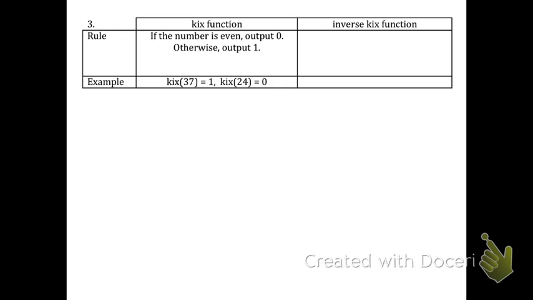You could have had a 22 making a 0, or a 24 making a 0, or tons of any even number makes a 0, and any odd number makes a 1. So I don't know how to go backwards. Like, what a 1, I don't know what odd number that was. So this is actually impossible. There's no inverse function for the kicks function.